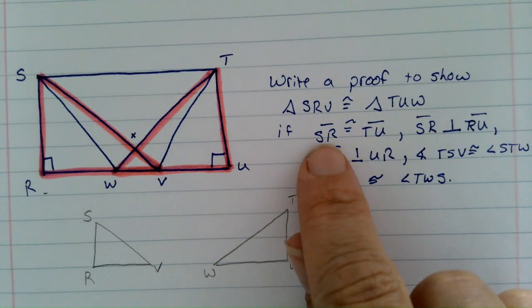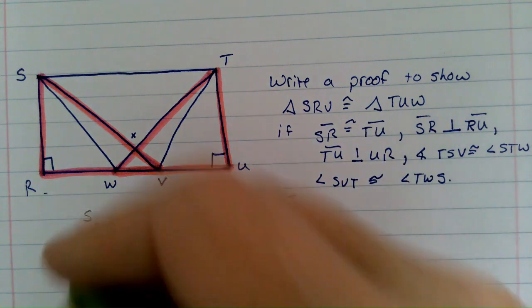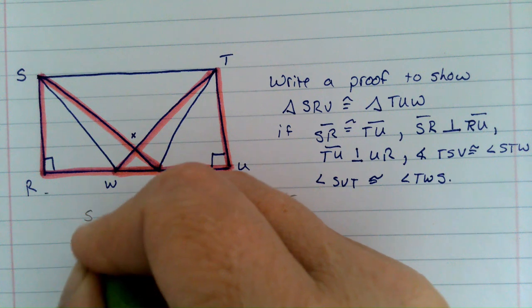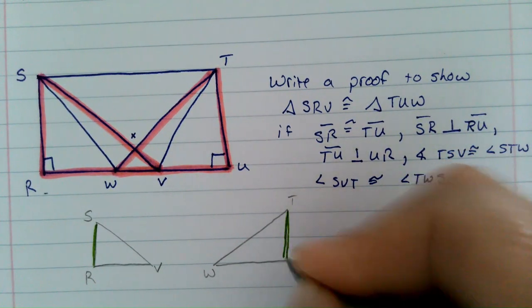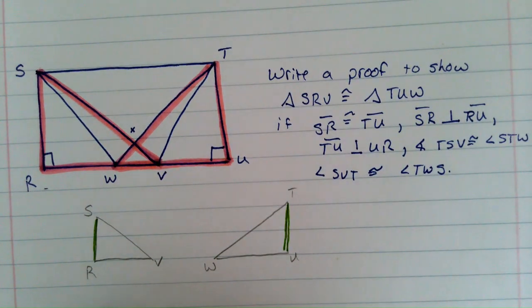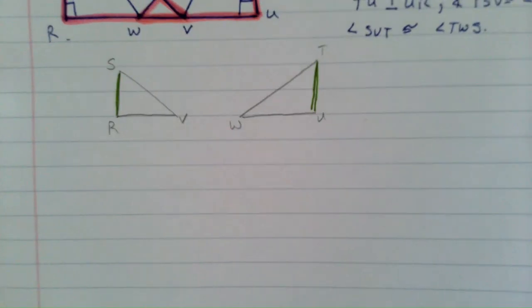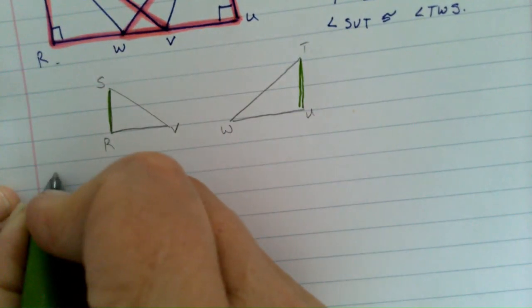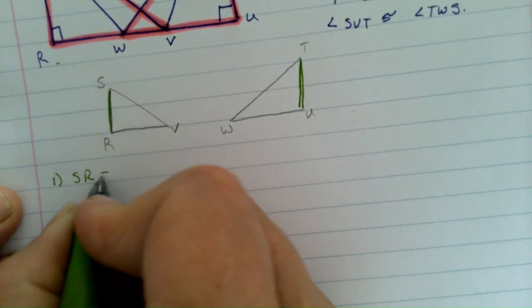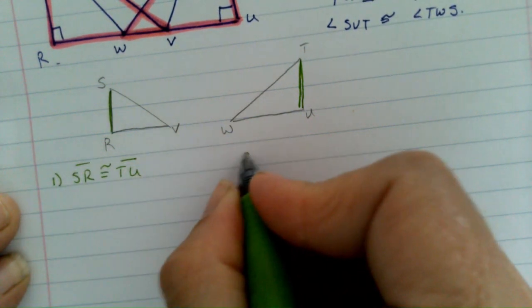So one of the statements says SR is congruent to TU. SR is congruent to TU. Okay, so we're going to write that as part of our proof, right? It is given to us.